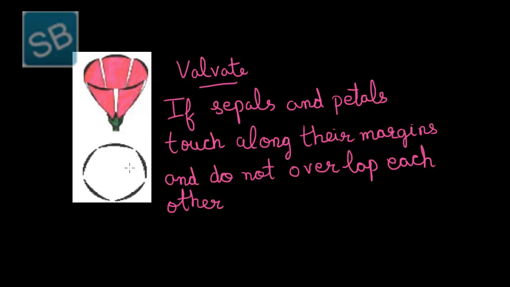Thus, in this type of aestivation, the end parts of the sepals and petals touch only along their margins and do not overlap. Example, calotropis and mustard.